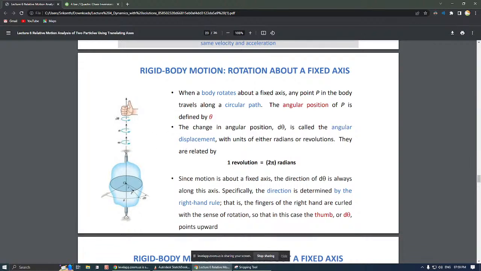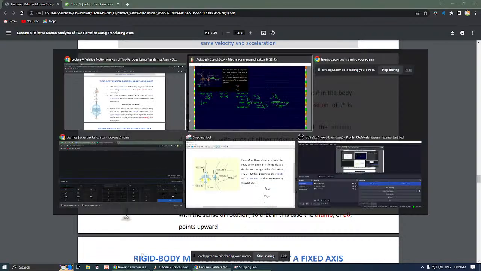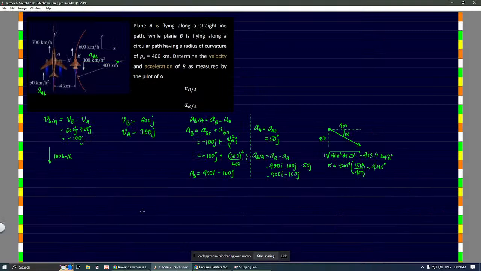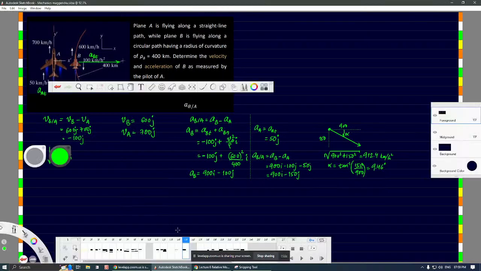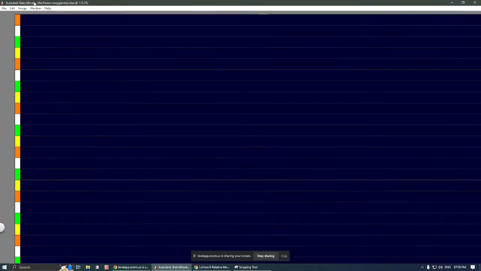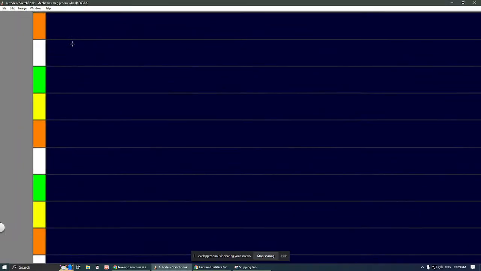So here it is telling us how to find the direction of rotational velocity. You're getting it? Rotational velocity. Let's take an example of a fan, let us say.